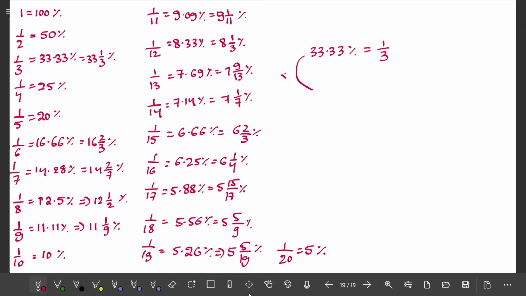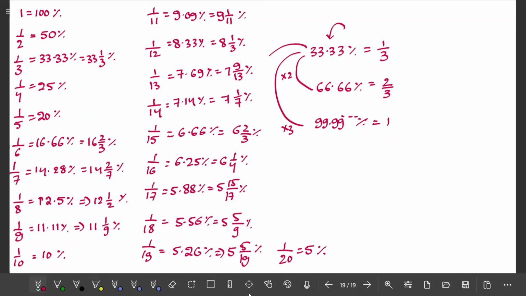If I multiply it with 2, it gives us 66.66%. That is nothing but 2 by 3. If I am multiplying on the left hand side, I should also do the same on the right hand side either. And that's how it is 2 by 3, right? If I multiply it with 3, what does it become? 99.99%, and it goes on, and that becomes equal to 100%. 100% is nothing but what? 100% is 1.